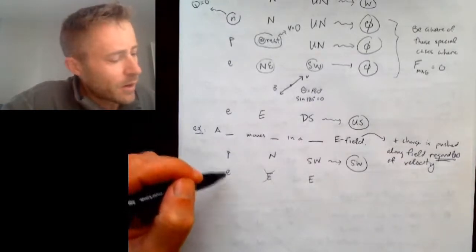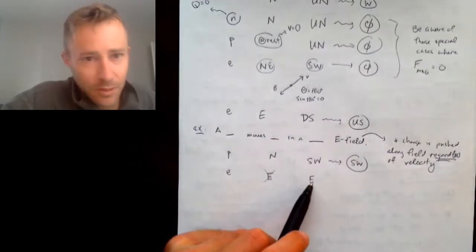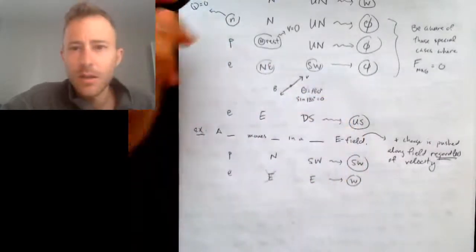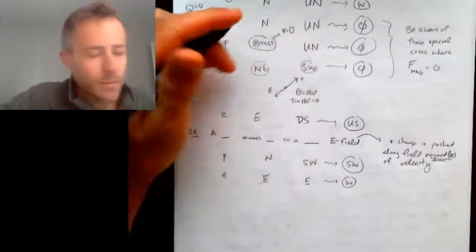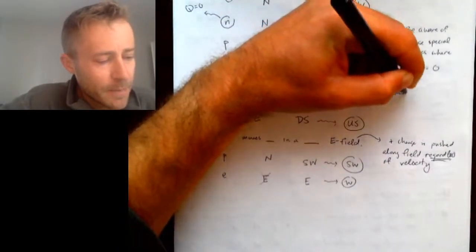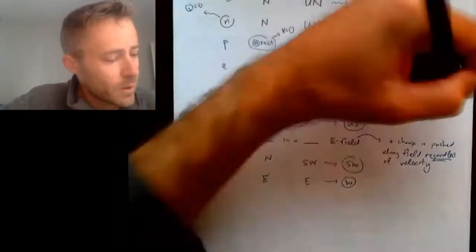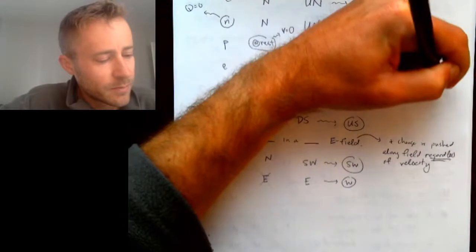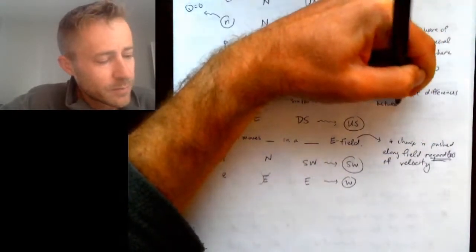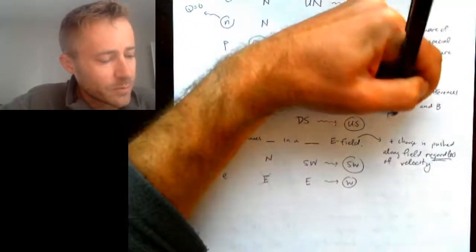Negative charge gets pushed against the electric field. So what is the opposite direction of east? It is west. So I'm going to put here, be aware of the differences between electric and magnetic forces.